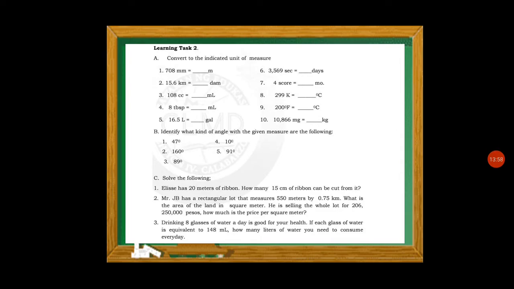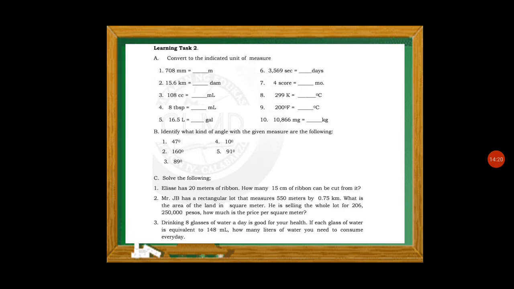Next, for number 3, we have 108 cc. I don't think that we have cc in our given table of measurements. So I have decided to change cc to c, which measures a cup. So 108 cups is equal to how many milliliters?